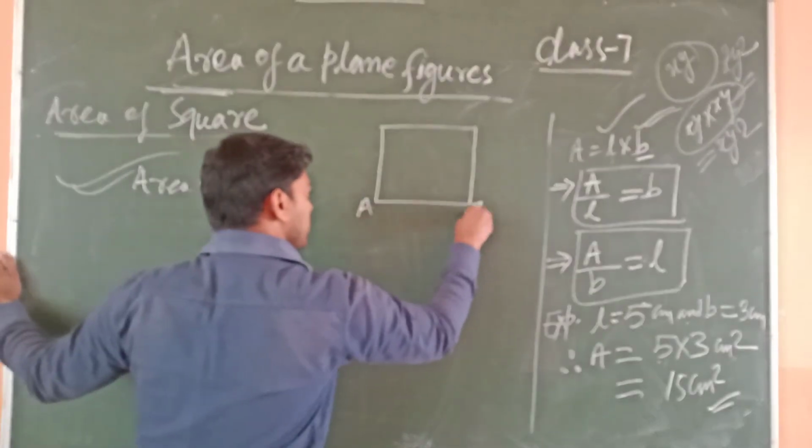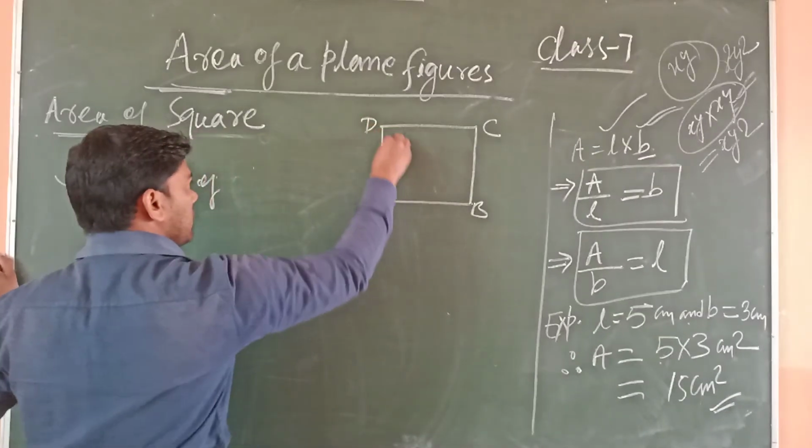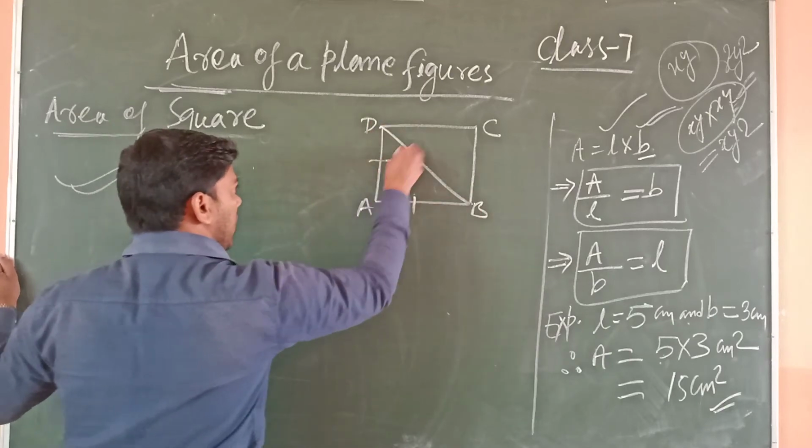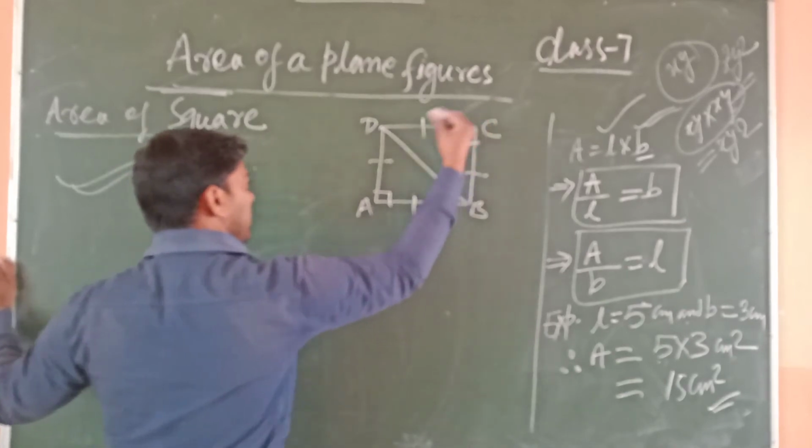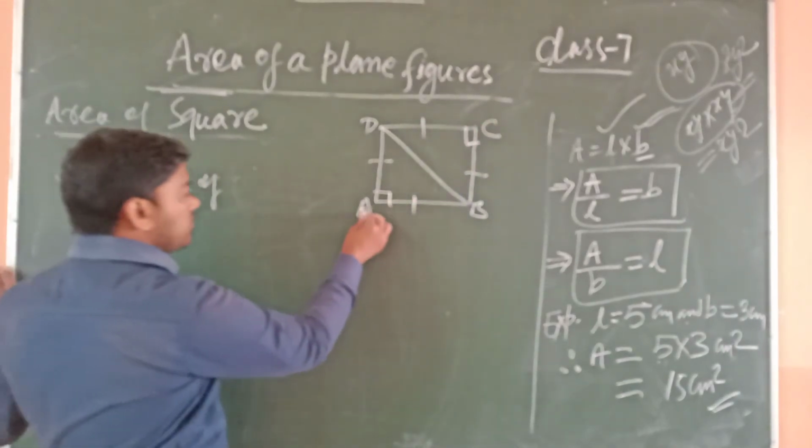Suppose that this is a square ABCD. All sides are equal in a square. Each angle is of 90 degrees.